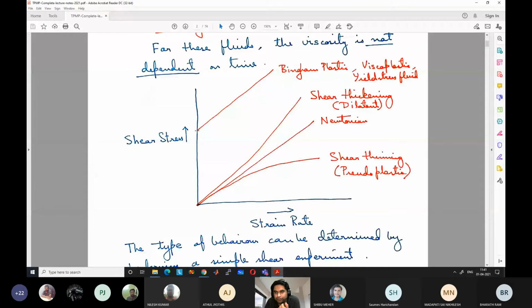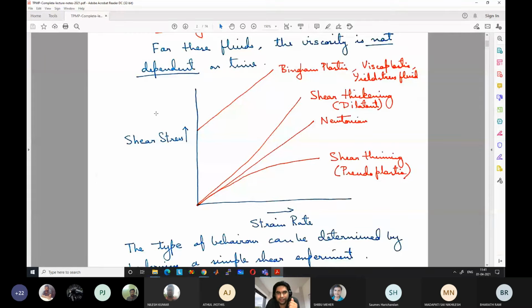For some types of toothpaste, if you invert the tube and keep the mouth open, the toothpaste will not fall out. It will behave like a solid. Now, if you press the tube, a force is applied and shear stress will be developed. It will exceed the critical stress and start behaving like a very viscous fluid, and the toothpaste will come out of the tube.